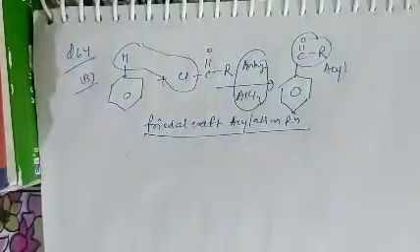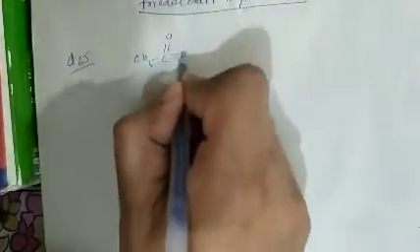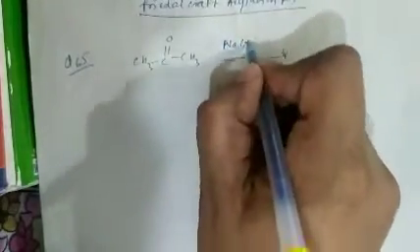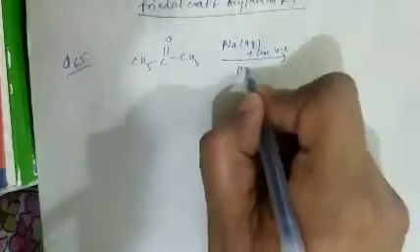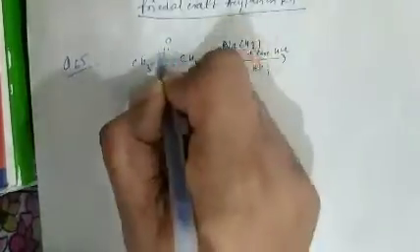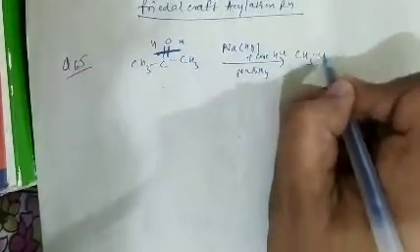See question number 65. In question number 65, what is given there? Clemmensen reduction of acetone. The catalyst used is basically zinc mercury amalgam with concentrated HCl. It will remove the two valencies and add hydrogen here. So the product obtained here is CH3CH2CH3.